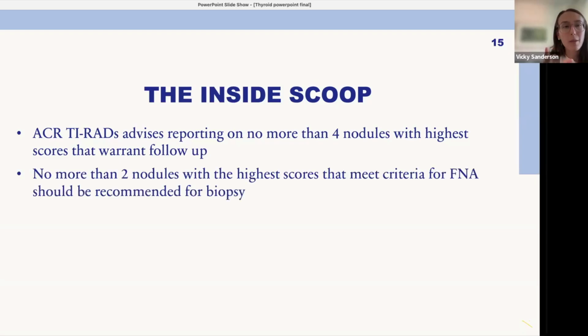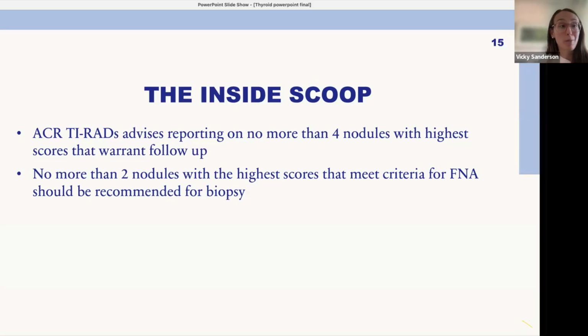Because when we think about it, we're not going to biopsy 8 nodules in the thyroid gland. It's not going to change management. We want to biopsy those nodules with the highest risk scores, the ones at highest risk of cancer, because we'll be able to figure that out on the biopsy and look at those cells. Biopsying several other nodules isn't going to help, and it puts the patient at risk.